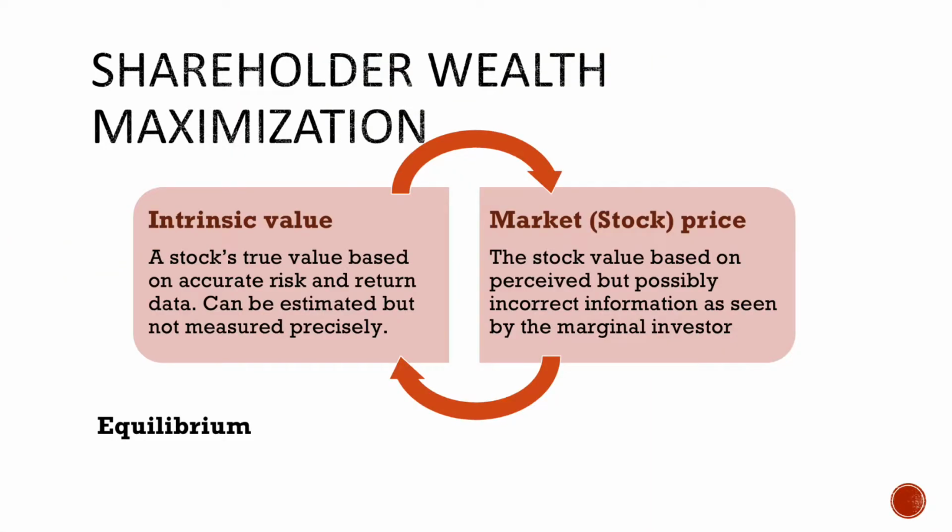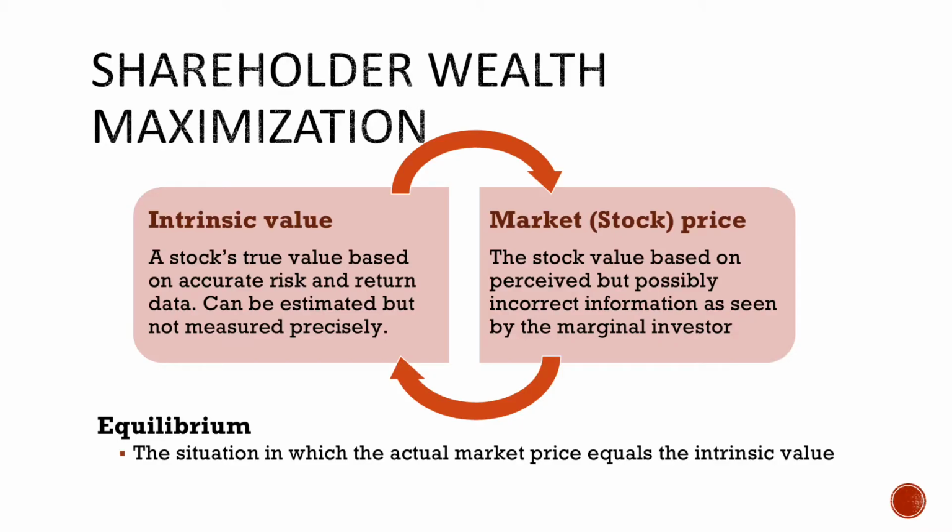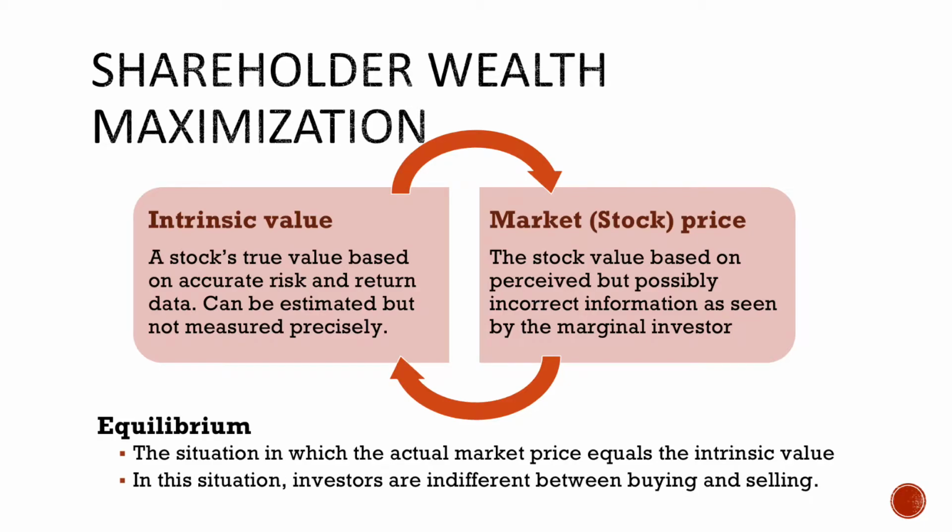Of course, investors can always go wrong. We want the situation, however, of equilibrium. Equilibrium is the situation in which the actual market price equals the intrinsic value. In this situation, investors are indifferent between buying and selling the security.